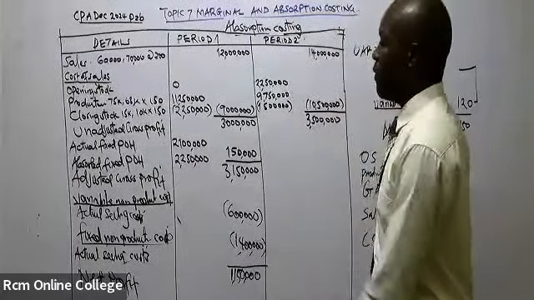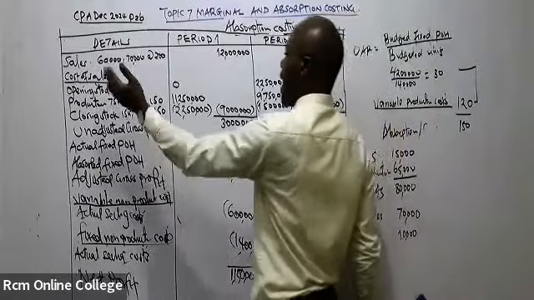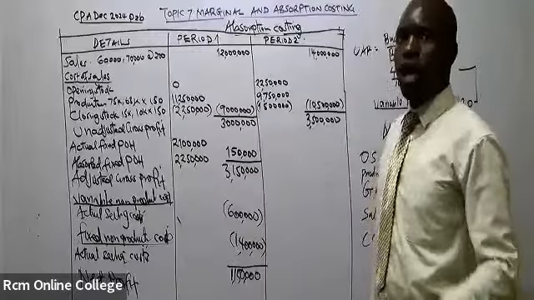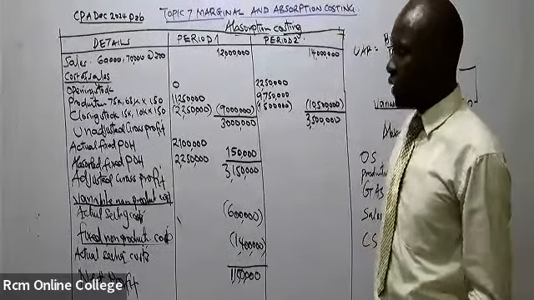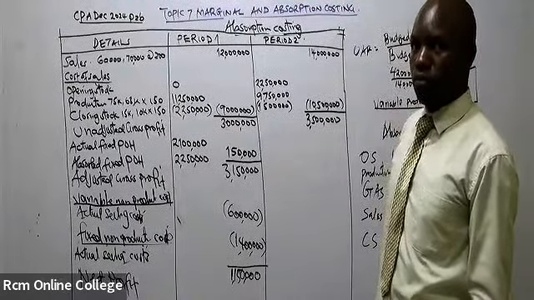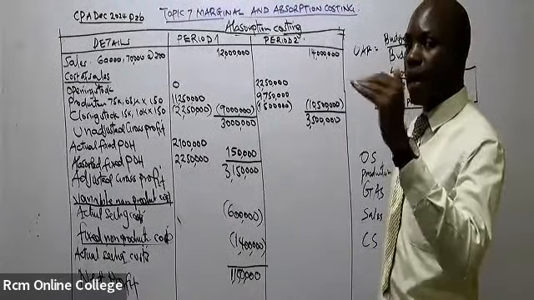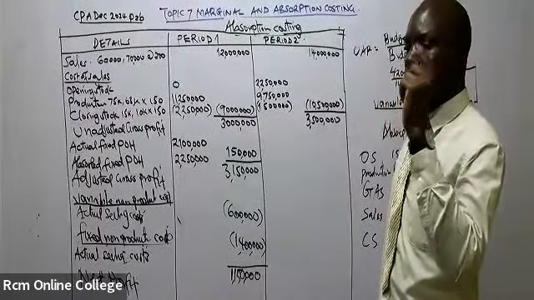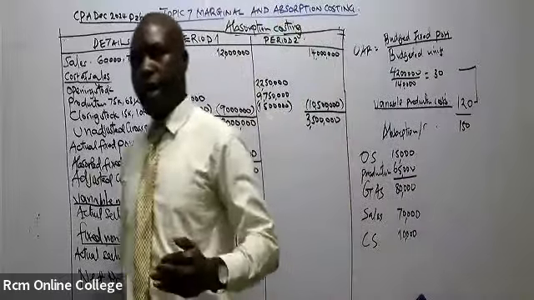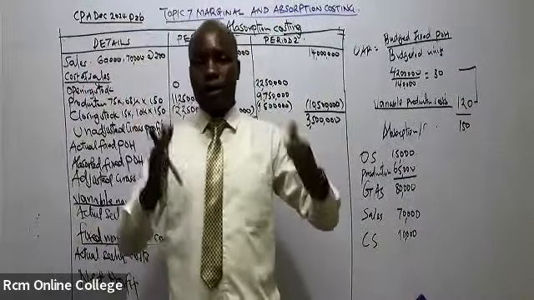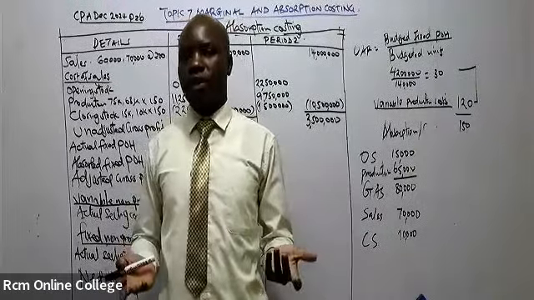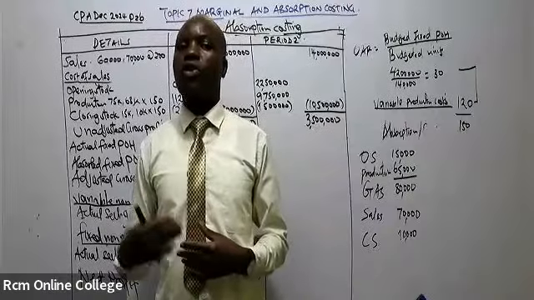So how do we do that? First of all, you need to give us the actual fixed production overheads. Do we have actual fixed production overheads? Yes and no. We were not given a direct actual fixed production overheads, but there is additional information telling us the actual fixed production overhead is equivalent to the budgeted fixed production overheads.